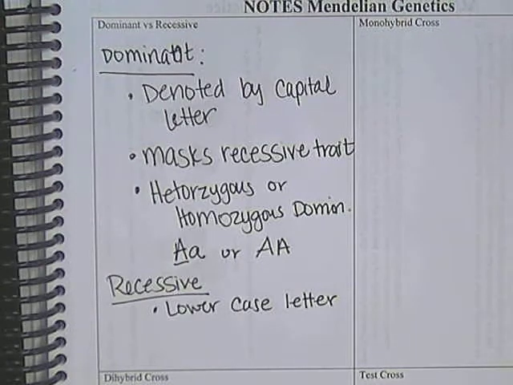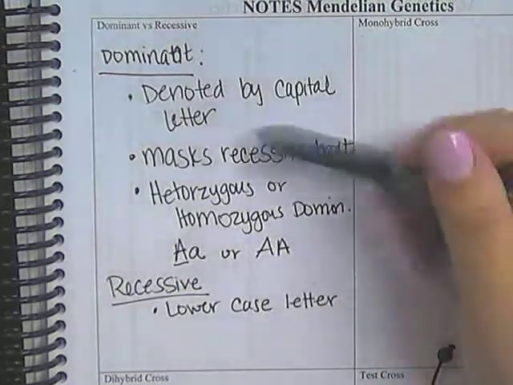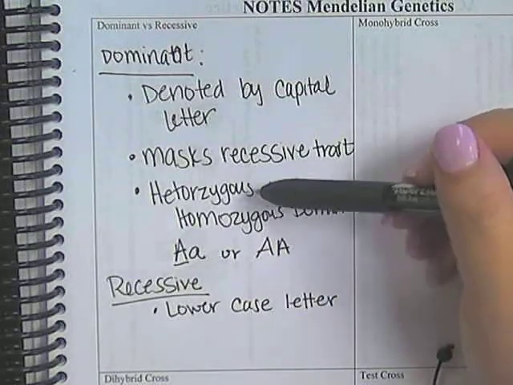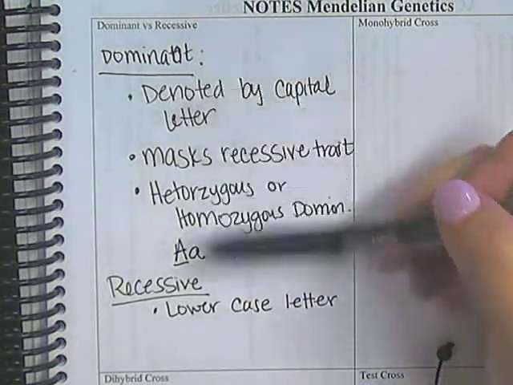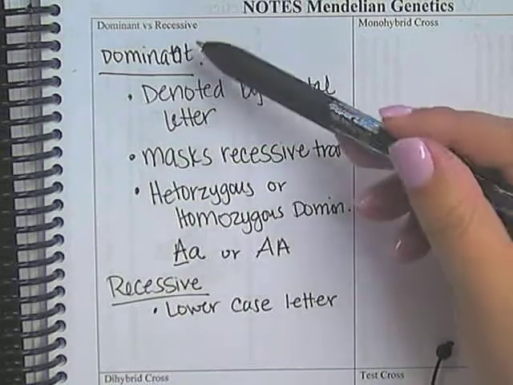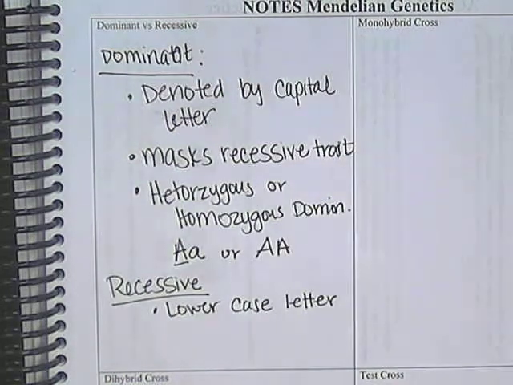Please understand that when we're doing genetics problems and you're asked to justify whether something is a dominant trait or recessive trait, dominant does not necessarily mean prevalent.